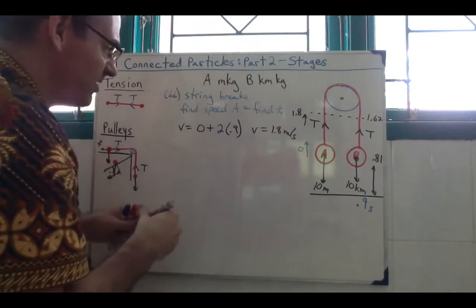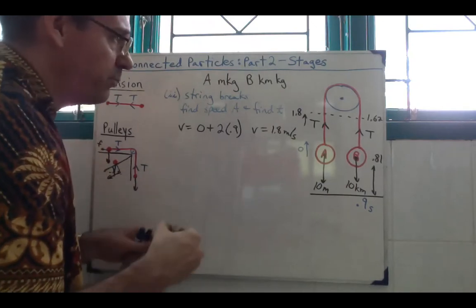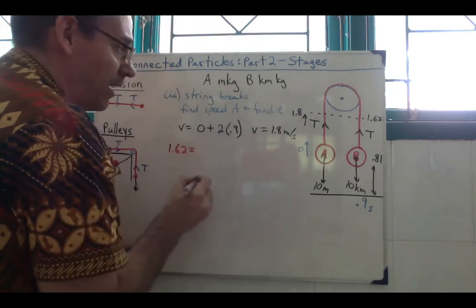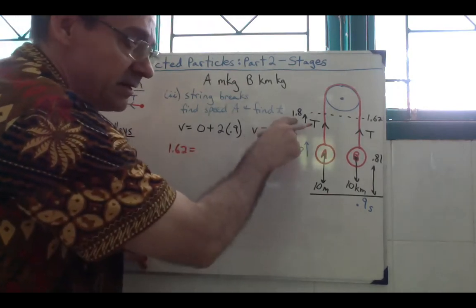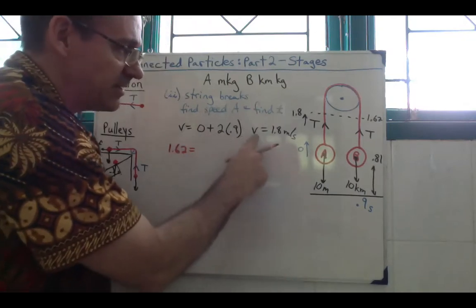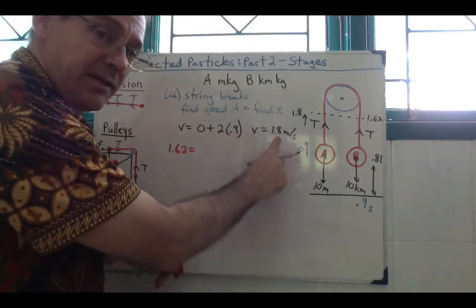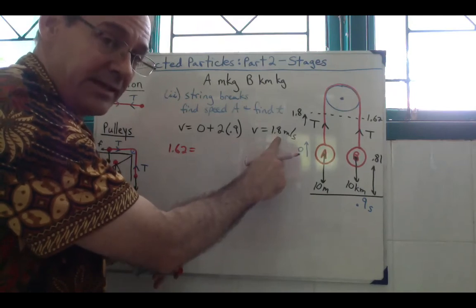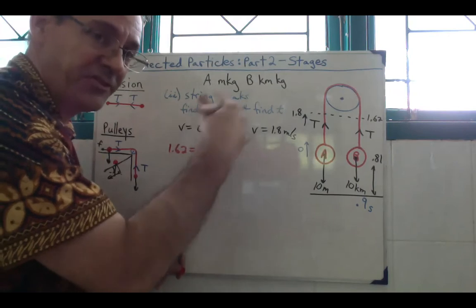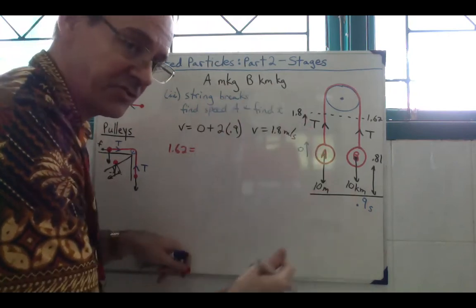So we're at a distance of 1.62. Our initial speed, now that we're in the second stage, so this was at the end of the first stage, the final velocity, and now that the string is broken, it is the initial velocity for the second stage, that is after the string is broken.